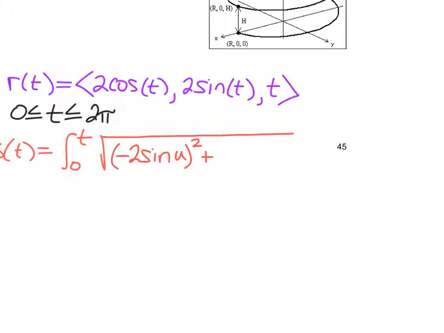Plus derivative of 2 sine t would normally be 2 cosine t, but this time it'll be 2 cosine u. And the last component has a derivative of 1 in terms of u, it's still 1. So we'll still write it as squared du.